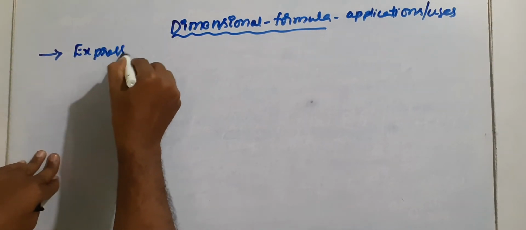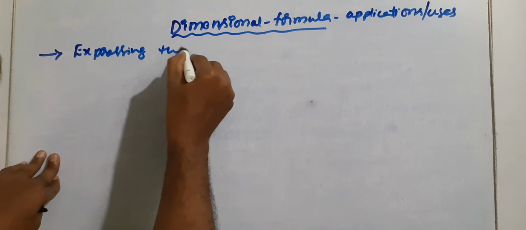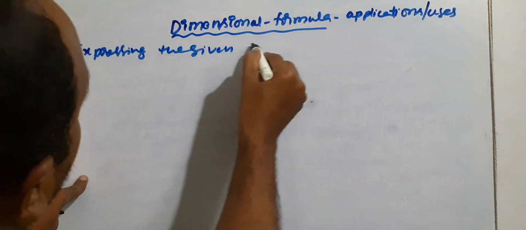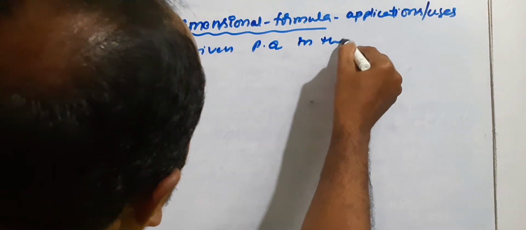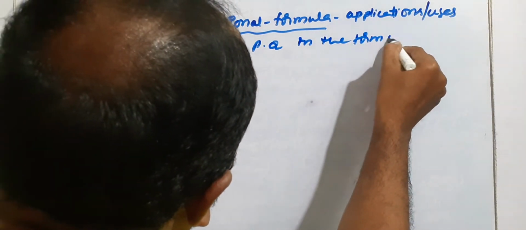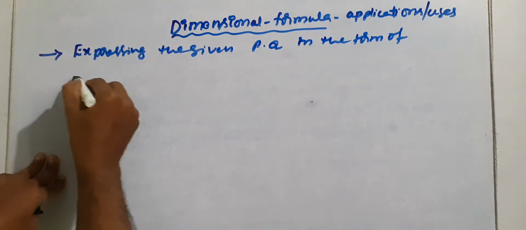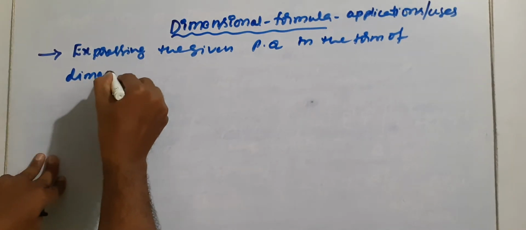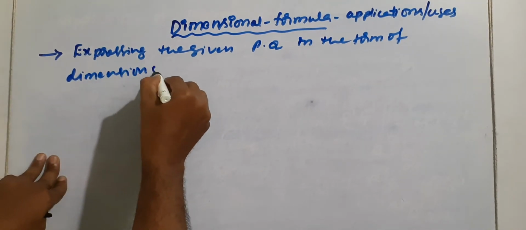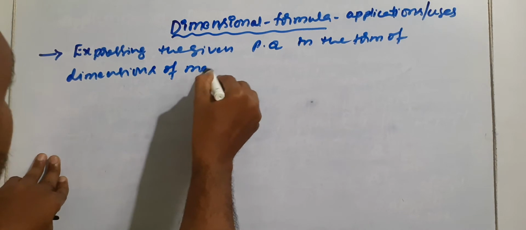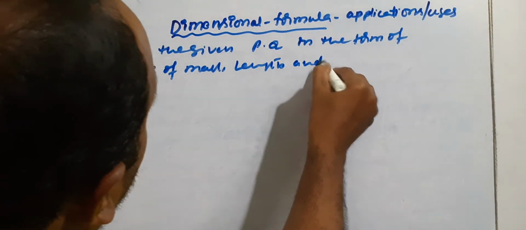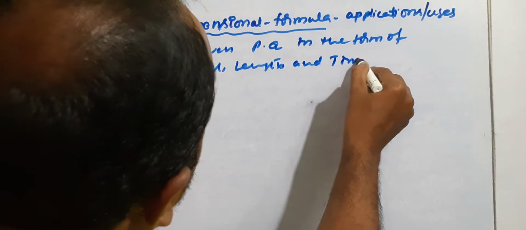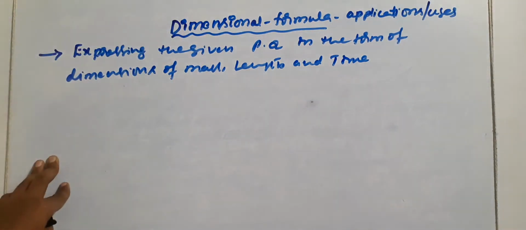Expressing the given physical quantity in the form of dimensions of mass, length and time. That is, these three are fundamental quantities.